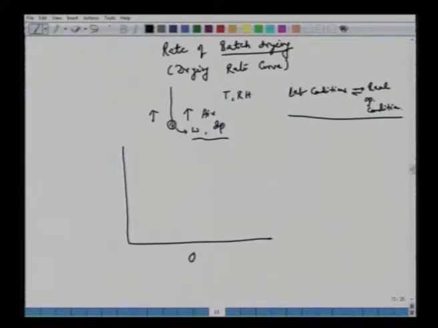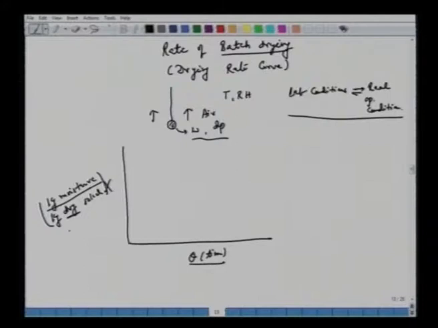So we have theta, let's say time in hours, and here we plot x, how much is the weight loss, or kg of moisture remaining in the solid, so kg of moisture per kg of dry solid. Here also we said that there are two ways of doing this, one on the wet basis and the other on the dry solid basis.